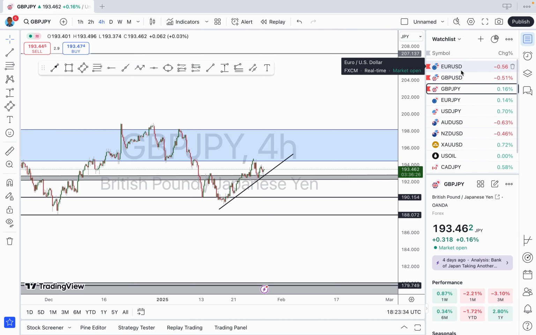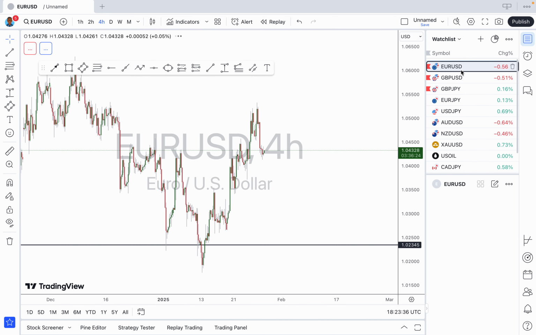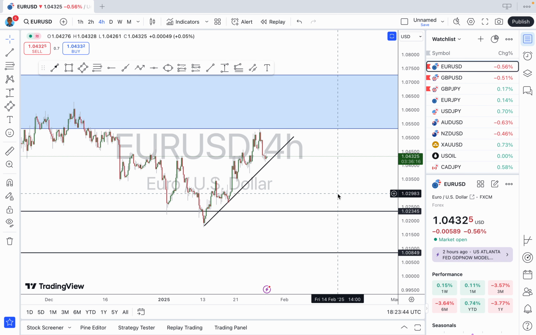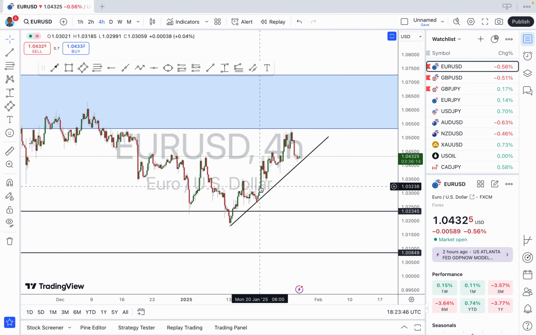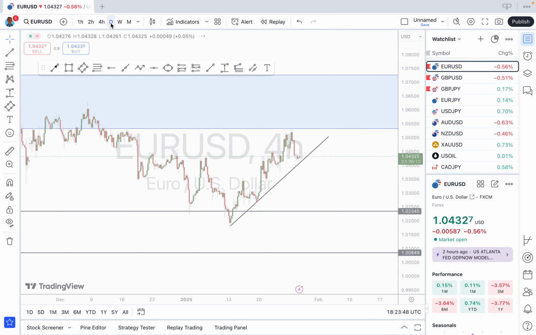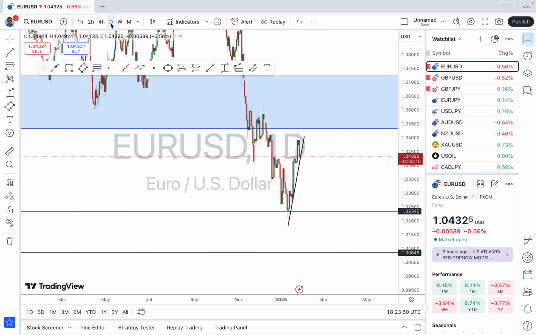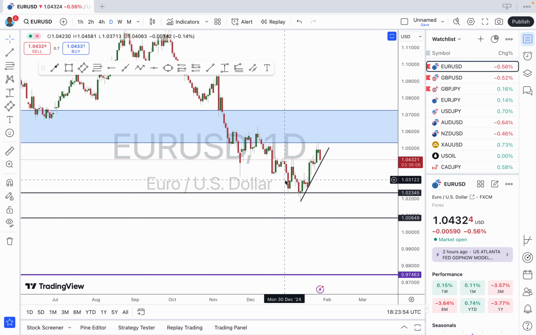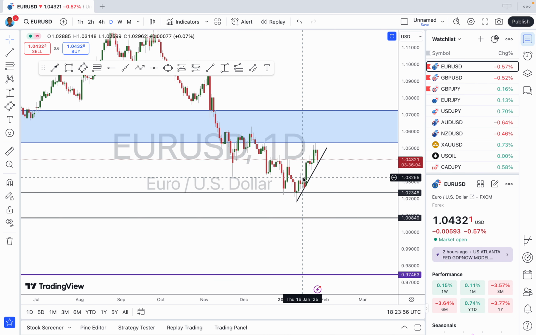But the trades I would be looking at closely, I'll be close marking is the euro. Now, the euro is, I remember saying, I think in my last video, we're trading around this point or thereabouts.